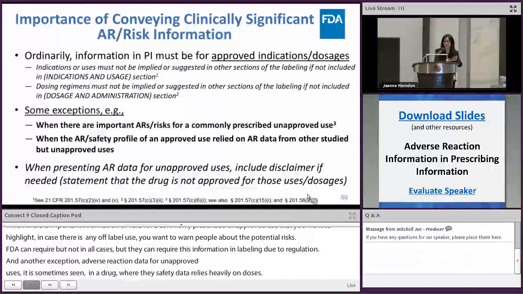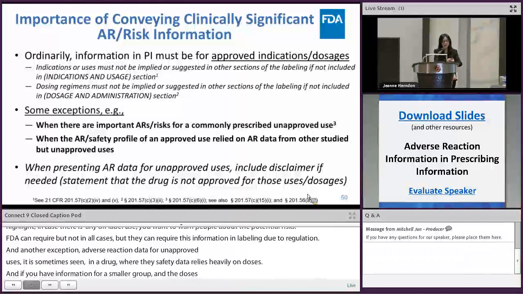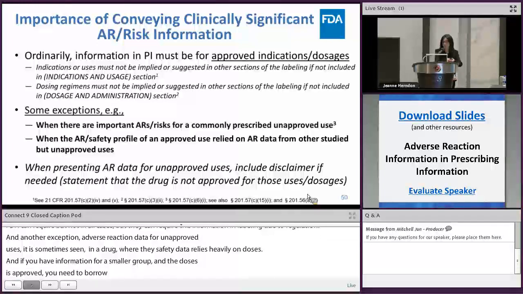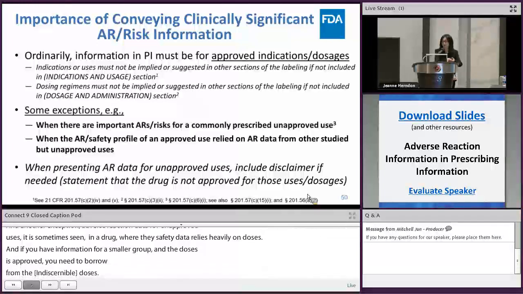That sometimes happens from pooled data, and I'll have examples that I can show. When you do this, include a disclaimer if it's needed, so that people don't make the mistake of thinking that the data implies that you can use that drug for that unapproved usage or dosage.